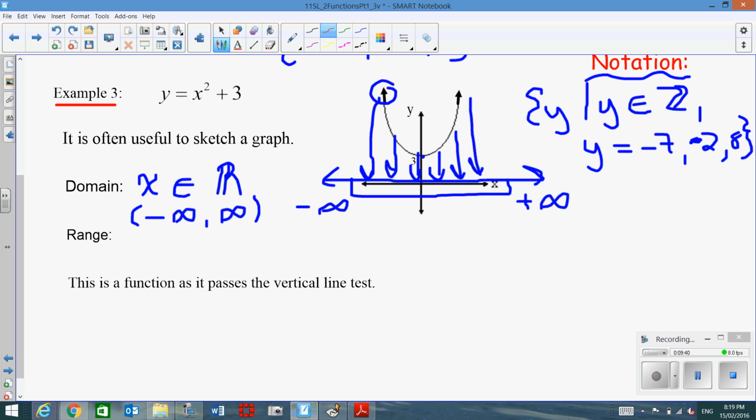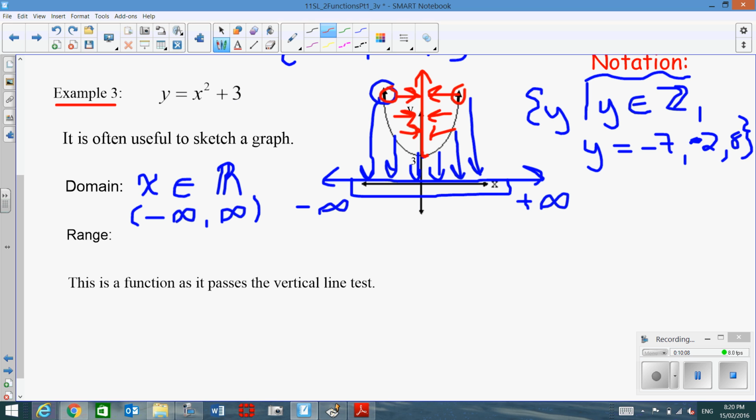Now, if I use red for range, that means we're going to be smushing it along the y-axis. And if that's happening, I'll wind up with all my y values starting at 3. And it will go up because, remember, we'll have this line here with a big arrow. So we've got these 2 arrows that will now be coming in toward the y-axis. And our lowest value will be at 3, and then we'll go up to infinity.